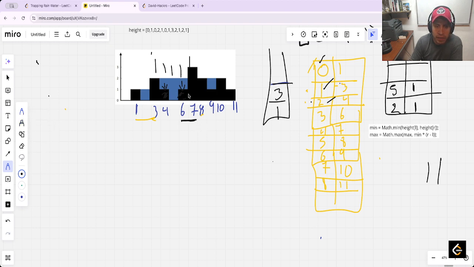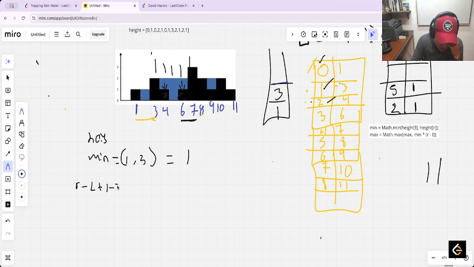Well, now this is our pair, and basically first calculate the min. The min height is 1. Next is to calculate R less L plus 1 less 2. This is the formula.